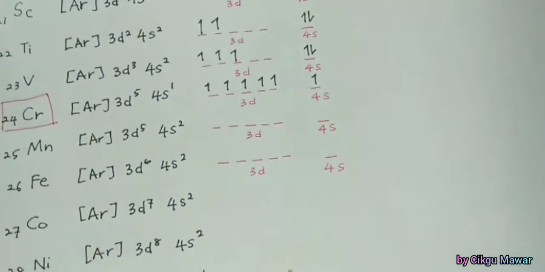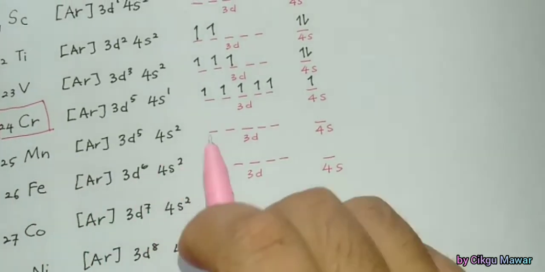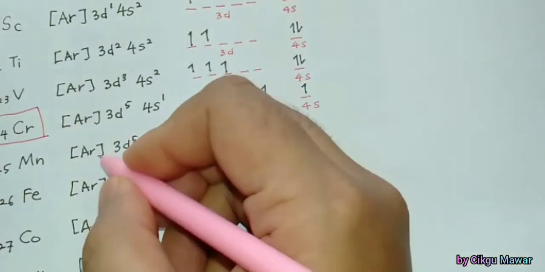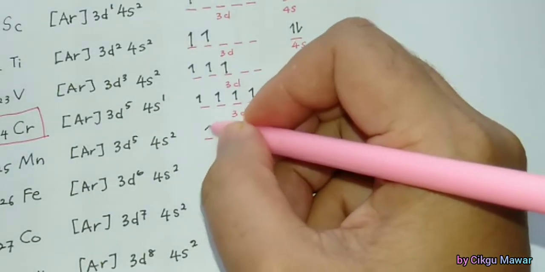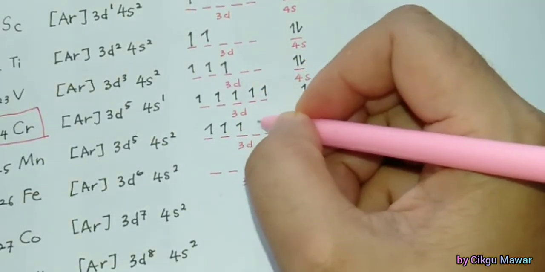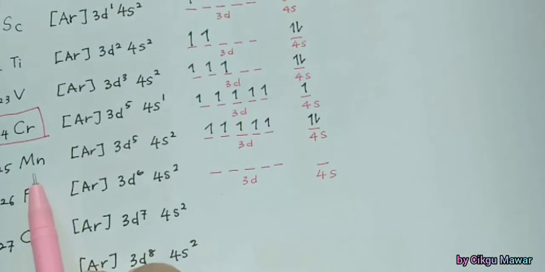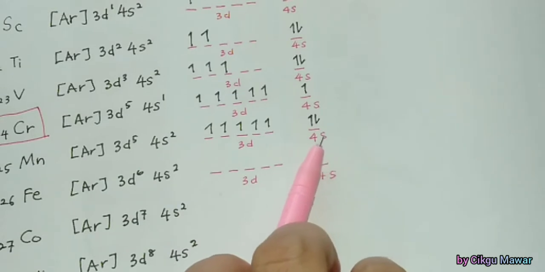And then for manganese and iron, the same steps. For manganese we have 25, so 18, 19 and 20, 21, 22, 23, 24, 25. So for manganese we have 3d5 and 4s2.